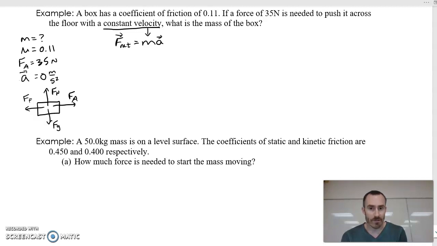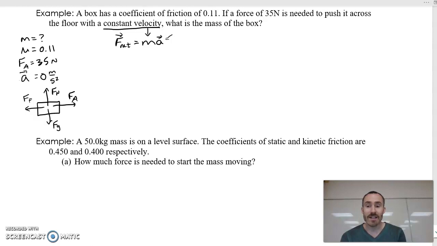This seems to be troublesome. Because if I put in a 0 for the acceleration over here, that entire side equals 0, and that means where's my m? How can I solve for m if I've just canceled that out with the 0 that's attached to it? We better expand the F net thing and maybe put in all of the equations that we're going to use before we do any canceling out like that.